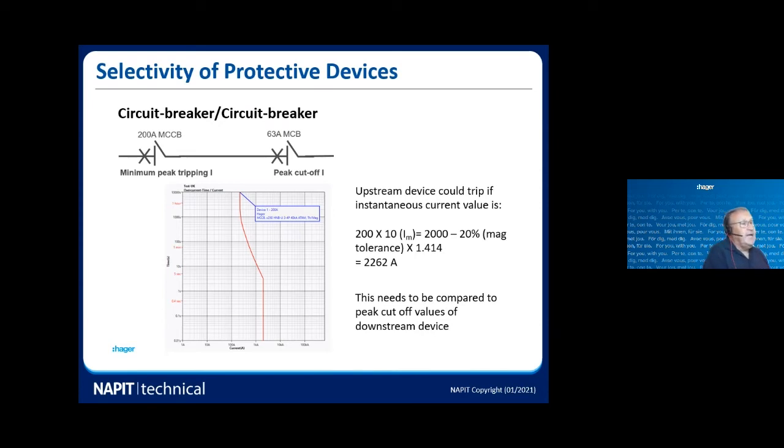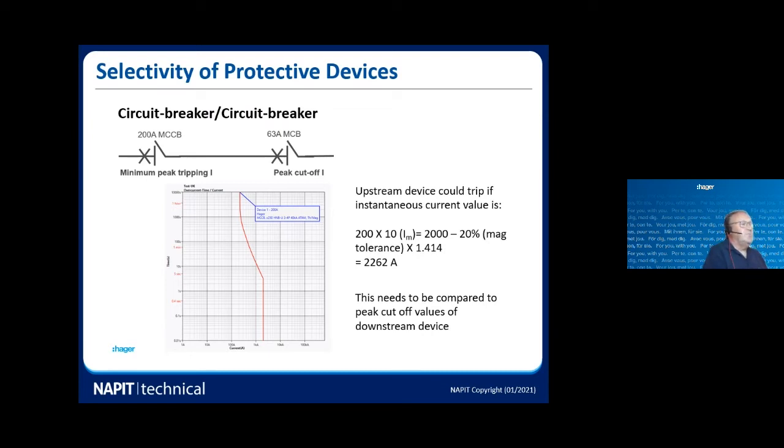If we were calculating earth fault loop impedance, for example, we need to know the most current that will operate this device, so we add 20% to this value. If we want to work out what will avoid its unintentional operation, which is our consideration now, we have to subtract 20%. So 2000 minus 20% magnetic tolerance is down to 1600 amps.